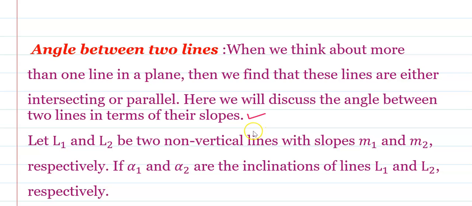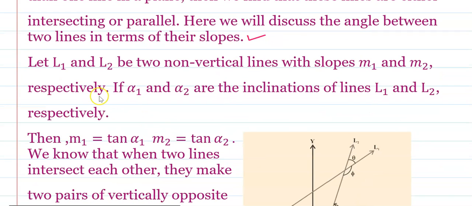In 12th standard, you can find the angle between the two lines from the coefficients of the terms. But here we can find the angle between the two lines with their slopes. Let L1 and L2 be non-vertical lines with slopes m1 and m2 respectively.